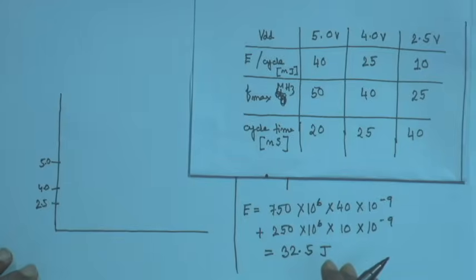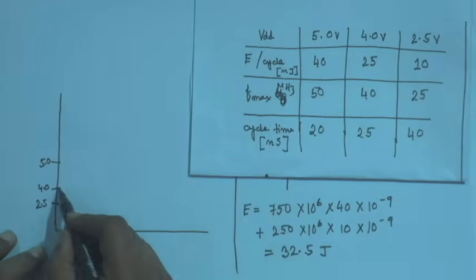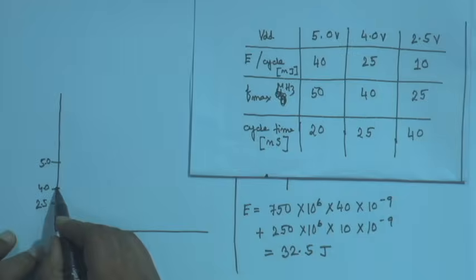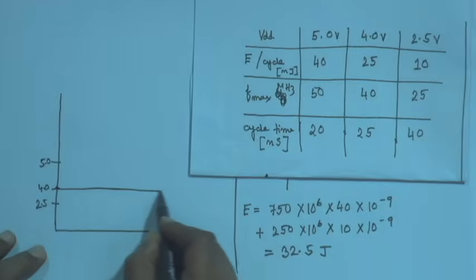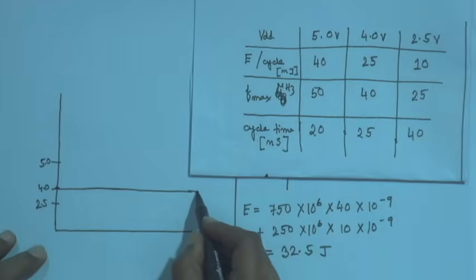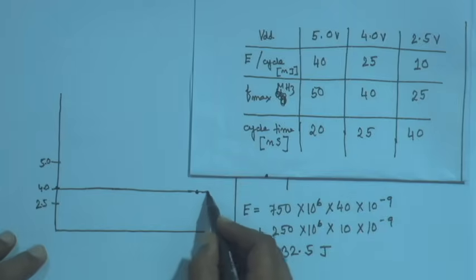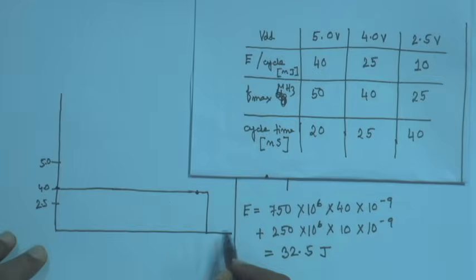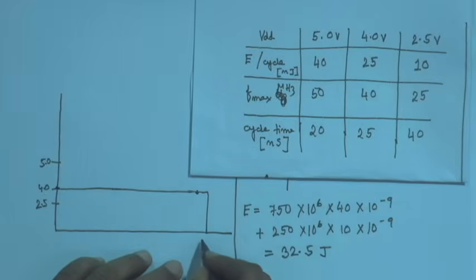So, instead of running it at 2.5 the whole thing for 25 seconds, I run it at 4 volts, right.